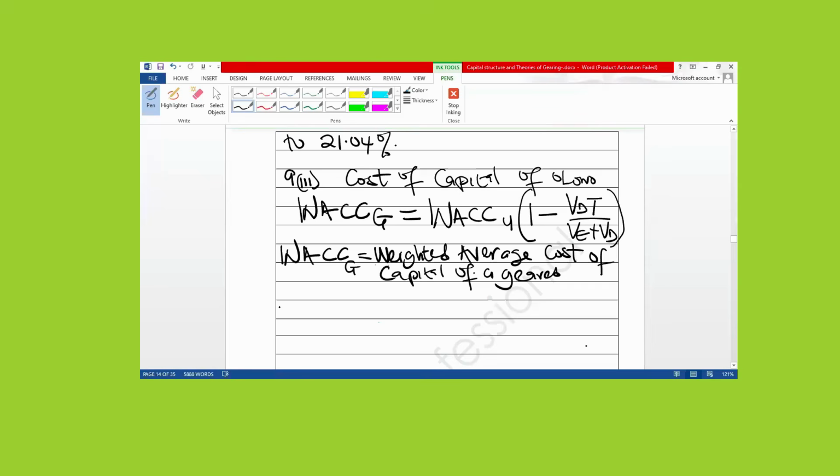Next, weighted average. This is weighted average cost of capital of ungeared. When the company is financed by equity only, the cost of capital is 20%.